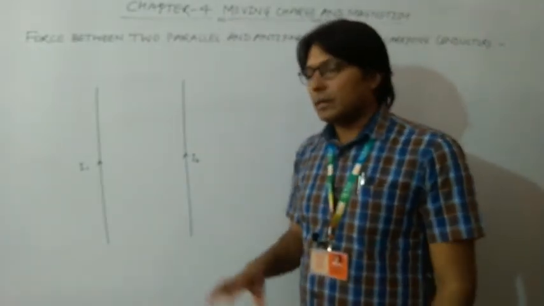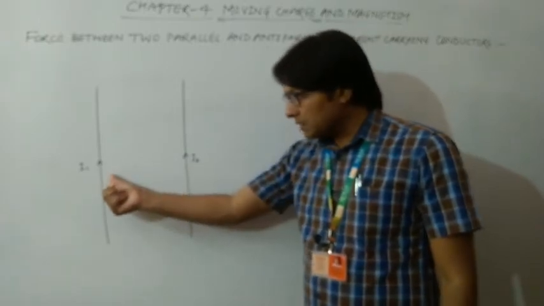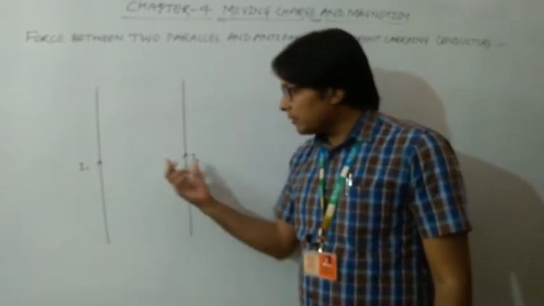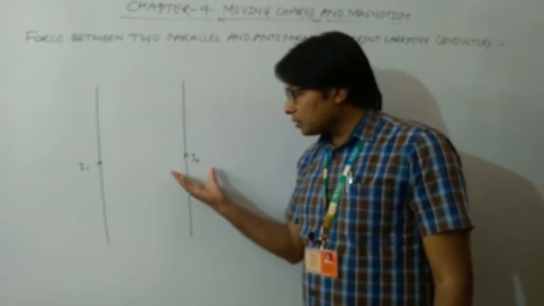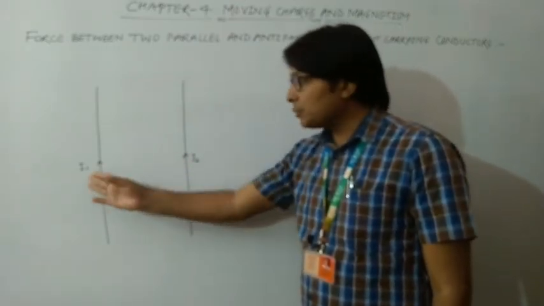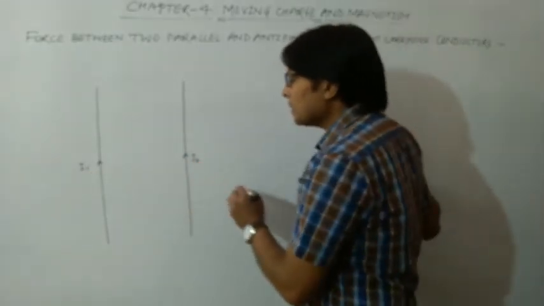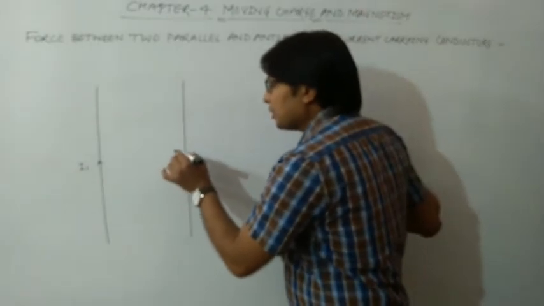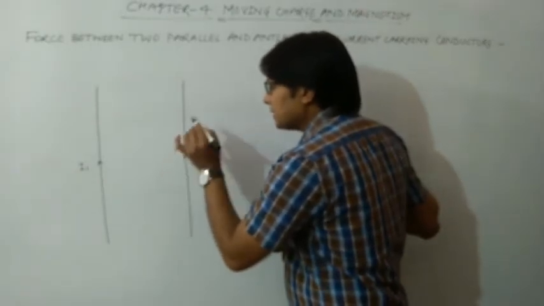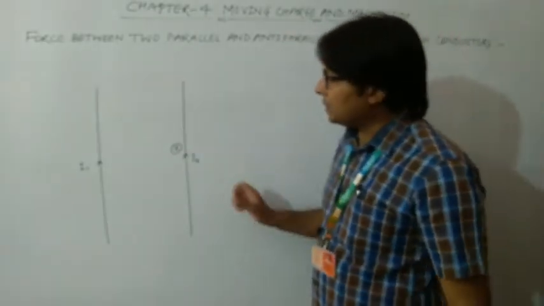Since the force experienced by this conductor is due to the magnetic field of the other, we have to write the direction of the magnetic field of that conductor nearby this conductor. I am representing it as perpendicularly inward, and the symbol is a crossed circle.